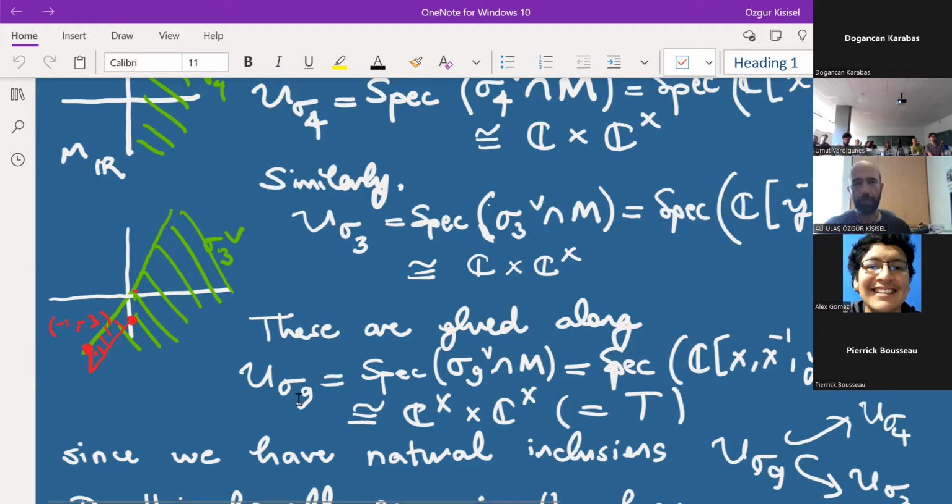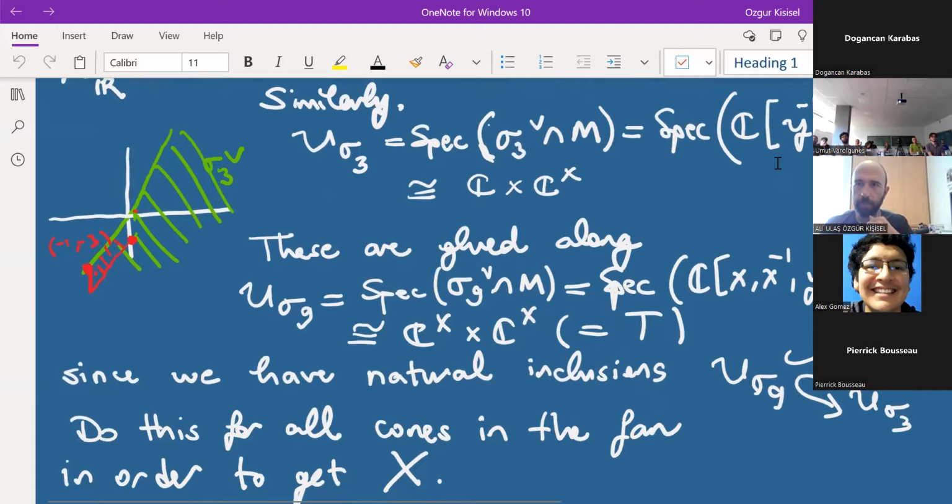The beauty of this thing is that you don't have to worry about the gluing. It's given for you by the fan. We have natural inclusions, U sigma 9 into U sigma 4 and U sigma 3, and you glue them to get their union.